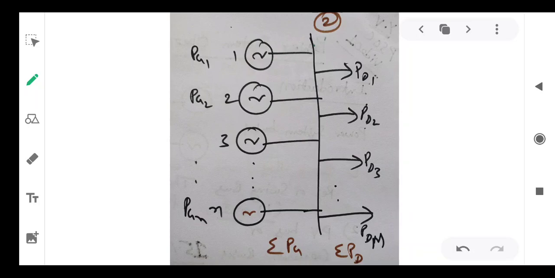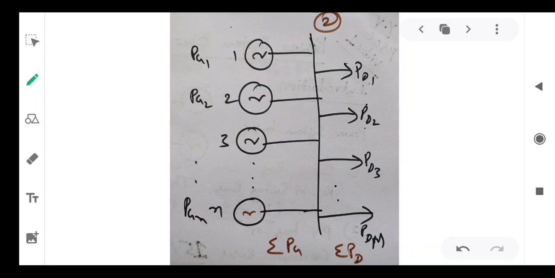So let us consider a generating plant comprising n generators, 1, 2, 3 up to n, which are generating Pg1, Pg2, Pg3 active power. Let us consider in megawatts: Pg1, Pg2, Pg3. Like that, sigma Pg is equal to Pg1 plus Pg2 up to Pgn.